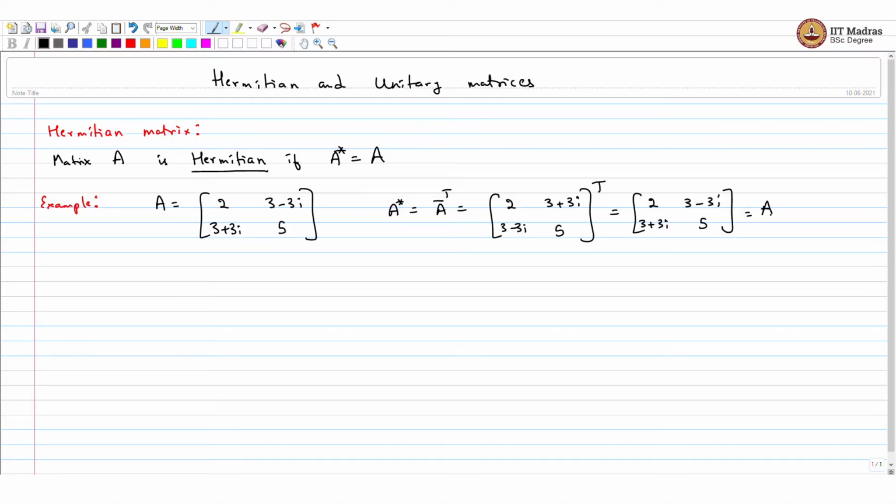The operations are interchangeable and you'll get the same result. And Hermitian matrices are a very important class of matrices because they constitute the set of orthogonally diagonalizable matrices. We'll look at that very soon. But let's understand Hermitian matrices a little more.